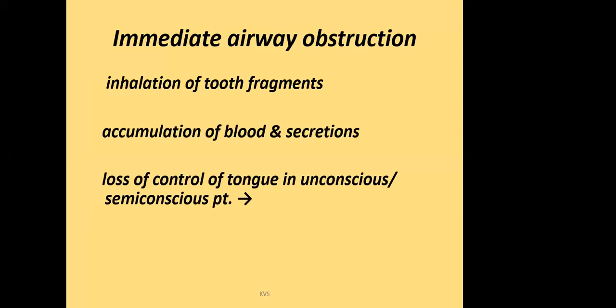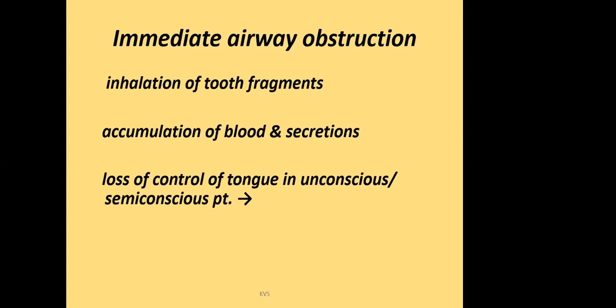A person can get trauma in the orofacial region, and maybe the teeth are dislodged. This always happens. When they are dislodged, if you can't see those teeth outside, then that means they might have been inhaled or even swallowed. So you need to really assess for that.